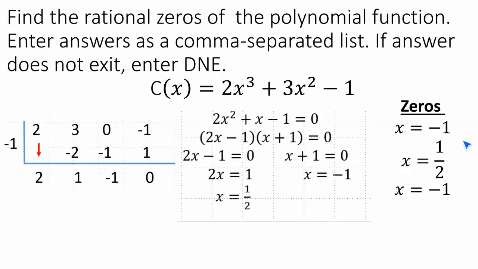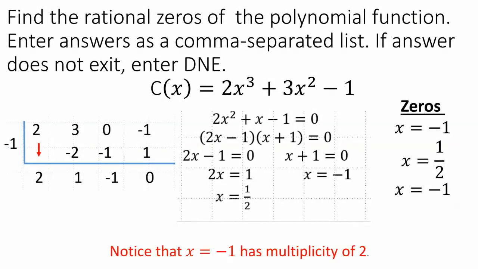So that means that at x equals negative 1, the graph is going to touch and turn. Okay. In a little bit, I don't remember if I have it here, but we might do some graphing ones hopefully. Okay, so again, the multiplicity of negative 1 is 2, and it's repeated an even number of times.